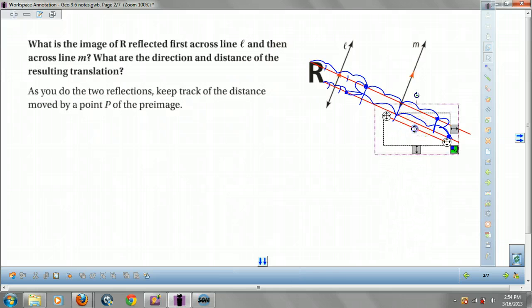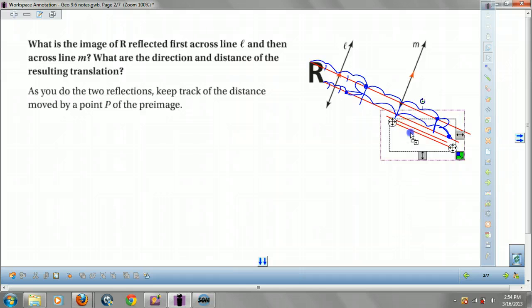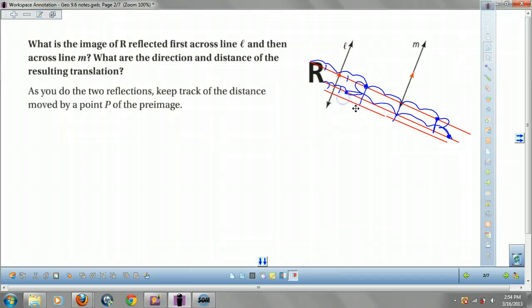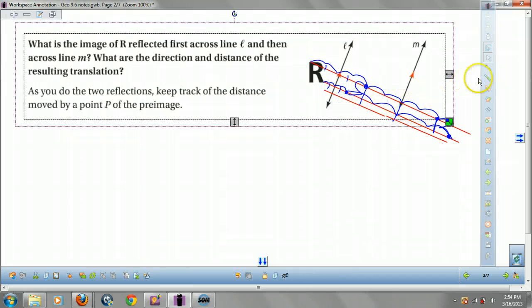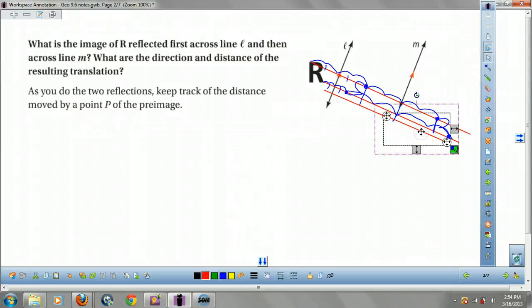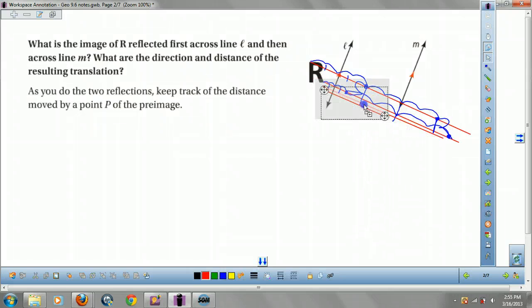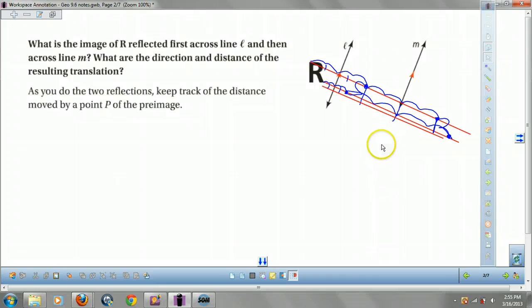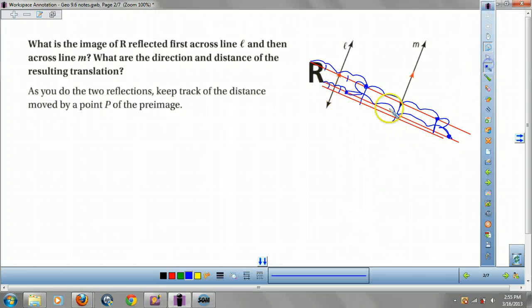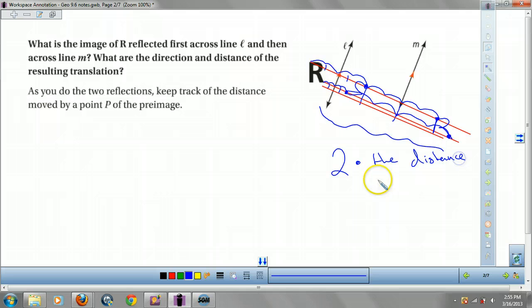So there's one of them, and there's two. Allowing for human error, if you look, the distance between your two R's is two times the distance between L and M.